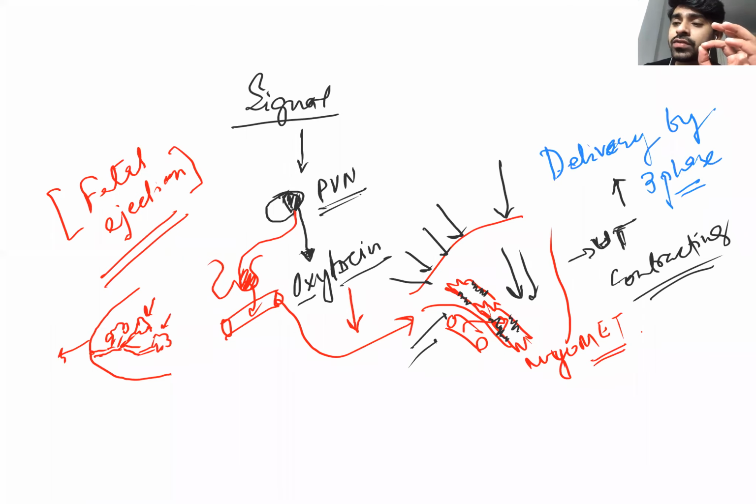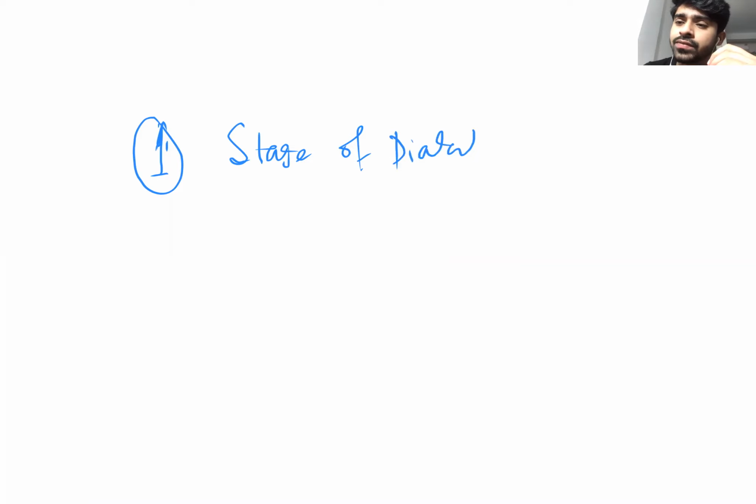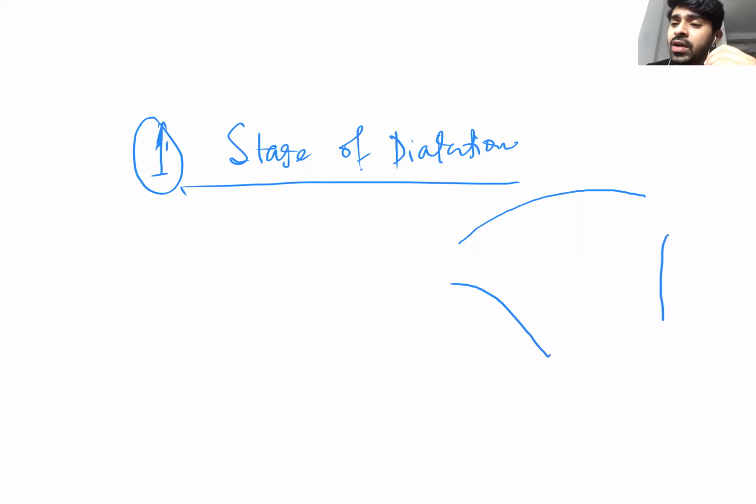Right now I'm detailing the first stage. The first stage is known as the stage of dilation. What is the stage of dilation? Suppose first you have to prepare the path.